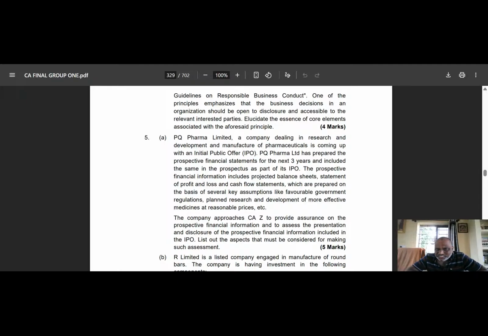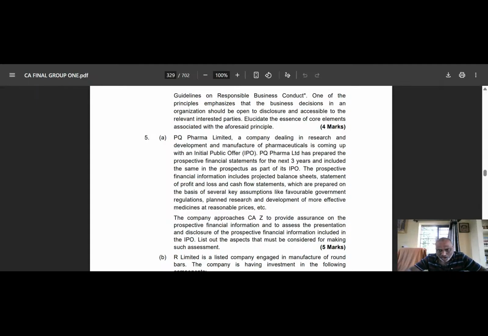The prospective financial information included a projected balance sheet and a statement of profit and loss, which are prepared on the basis of several key assumptions like favorable government regulations, planned research and development of more effective medicines at reasonable prices, etc. The company approaches CA Z to provide assurance on the prospective financial information and to assess the presentation and disclosure of the prospective financial information included in the IPO.